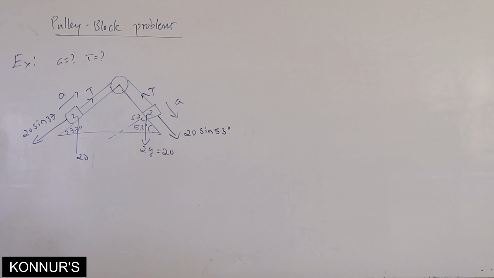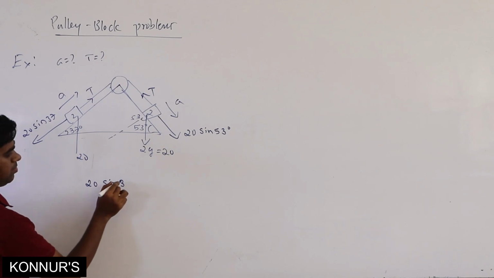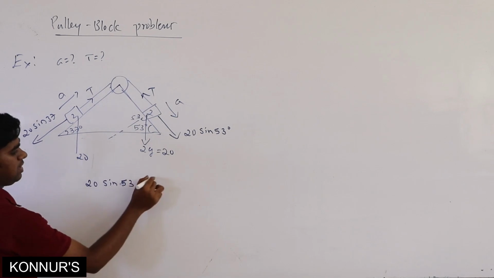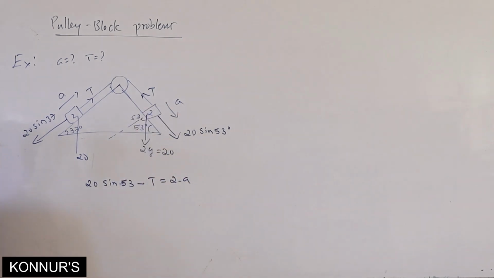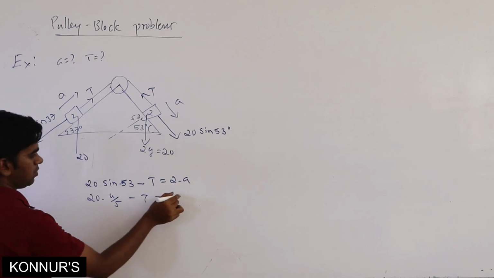Okay. So now what is the net force here? Here 20 sine 53 minus T equals 2 into a, mass into acceleration. So 20 into sine 53 means 4 by 5, minus T equals 2a.